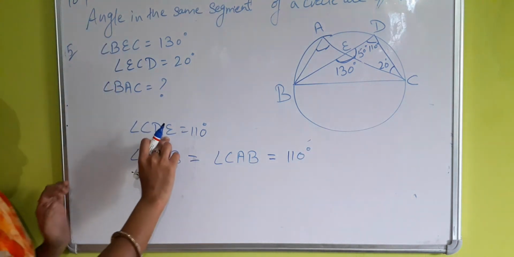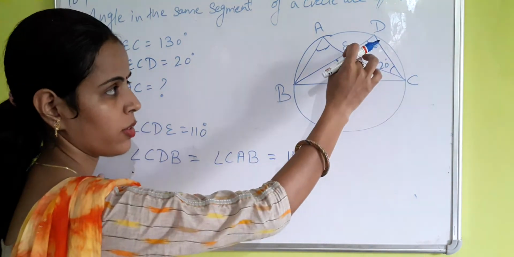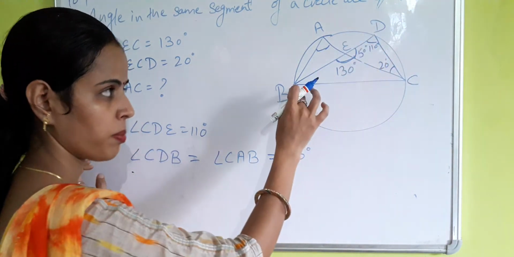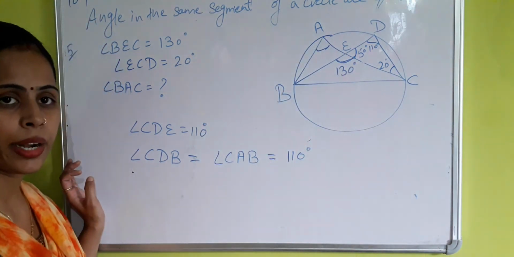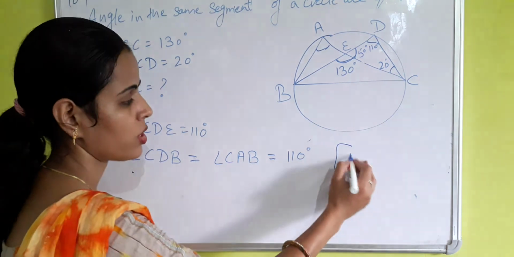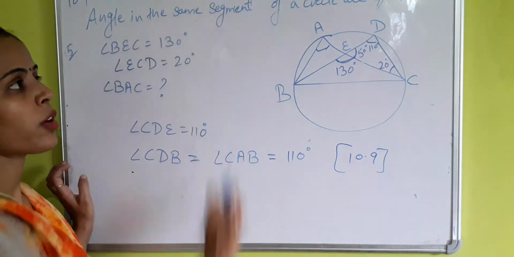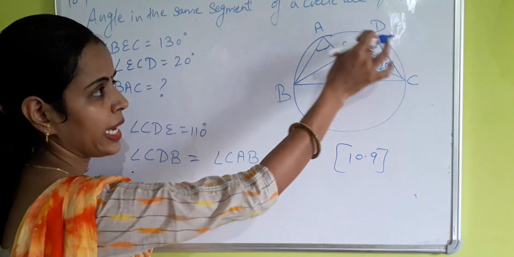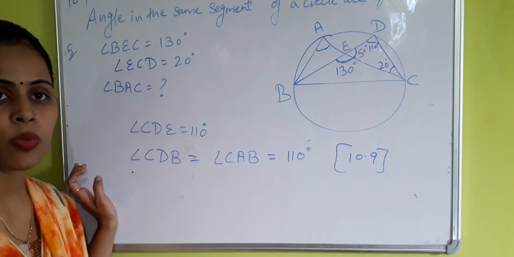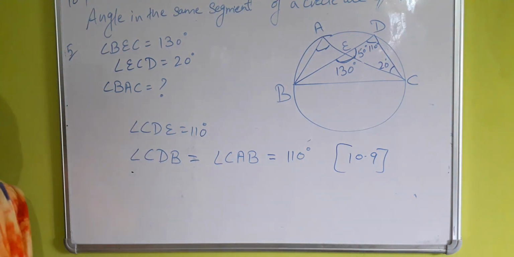This angle CDE, which we can also call CDB, and this angle CAB are 110 degrees by using theorem number 10.9: angles in the same segment of a circle are equal. Angles made by this segment, this angle A and D, these two angles are 110 degrees. This question number 5 is complete.